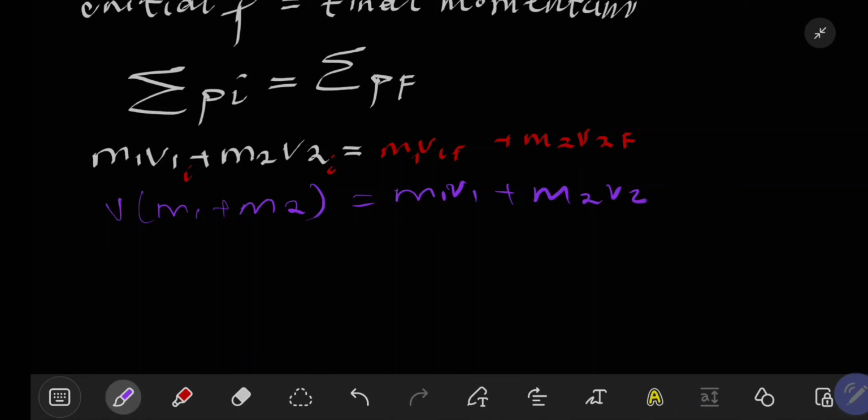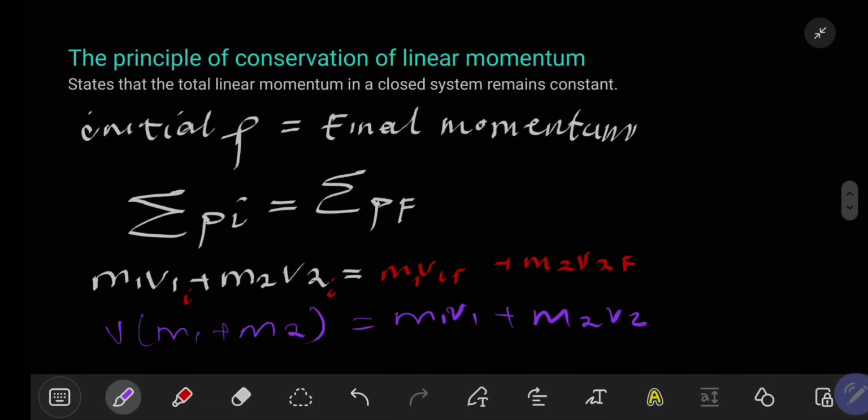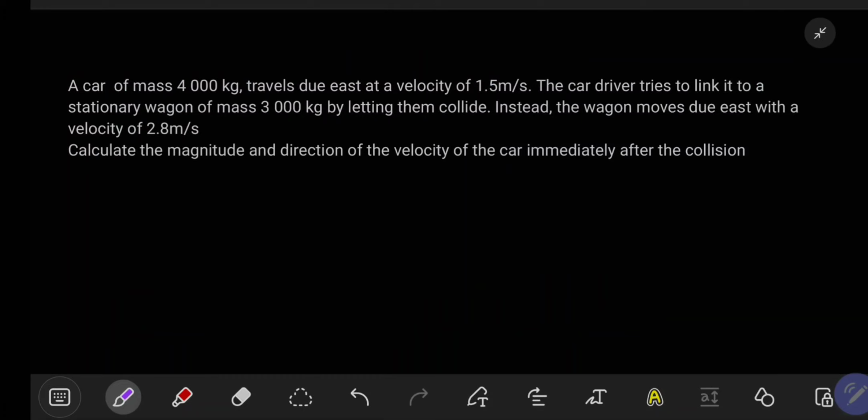In order to understand the conservation of linear momentum, this fundamental principle of physics, I think we should look at an example so that we get the gist of this concept. Here is our example. A car of mass 4000 kg travels due east at a velocity of 1.5 meters per second.